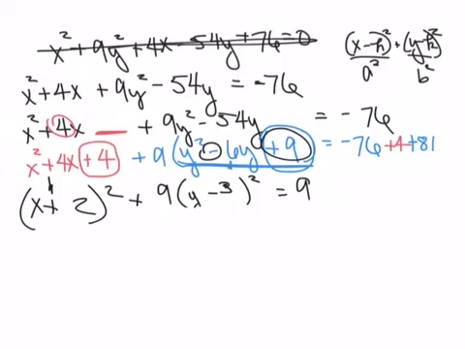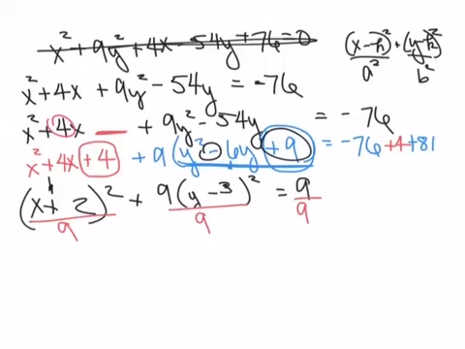Alright, so now I've got it written this way. What does this have to be? Well, according to my formula up here, it has to be equal to 1. So I'm going to divide that by 9, that by 9, and that by 9.